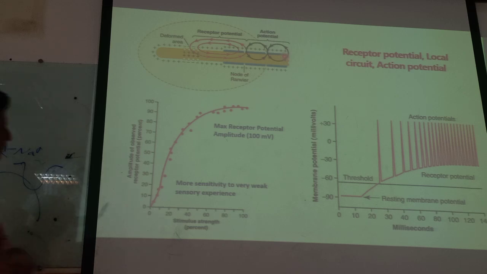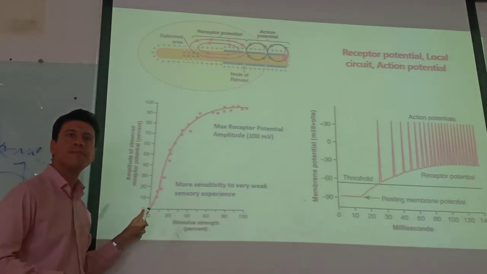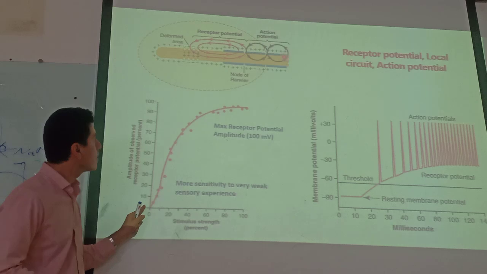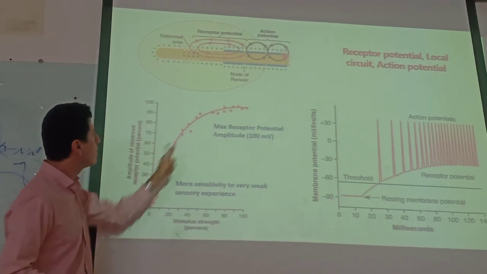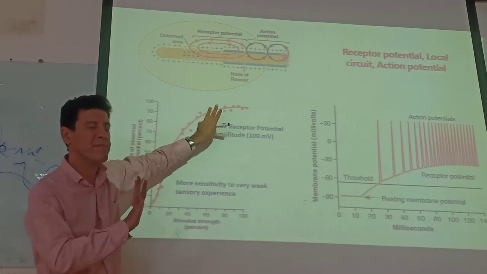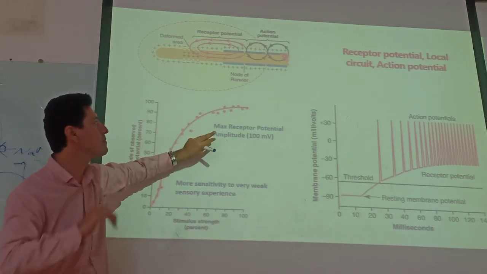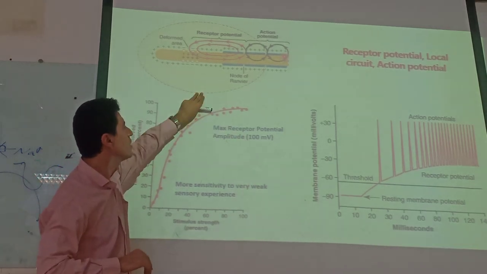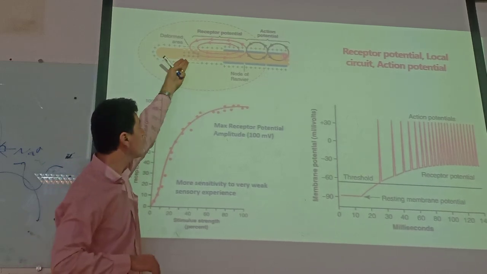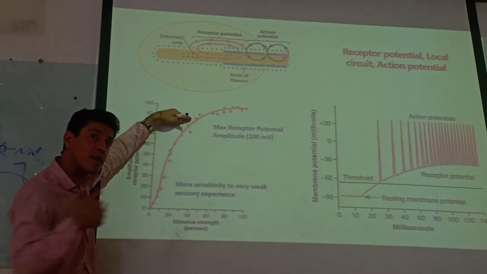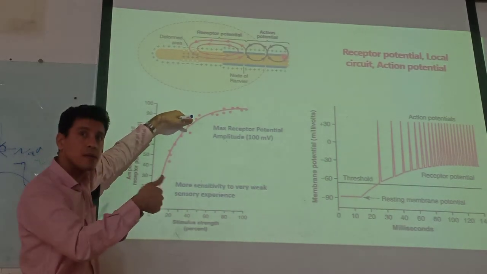Good. But the relation is not linear. It's like this. Okay? So we have more sensitivity here, less sensitivity here. Okay, keep it in your mind. So, pressing the pacinian corpuscle generates receptor potential. The size of the receptor potential depends on the strength of the pressure.